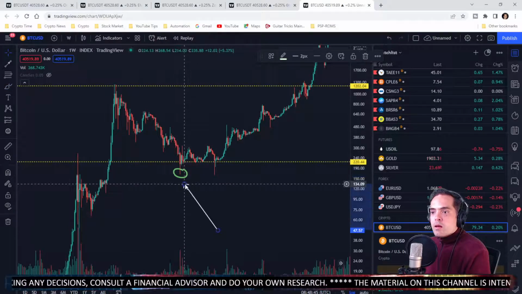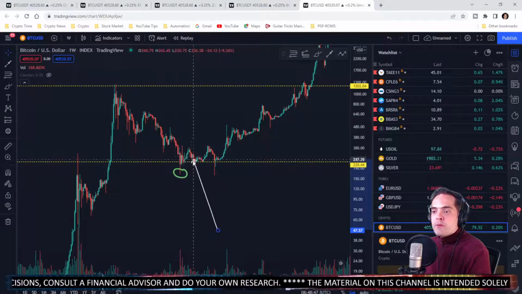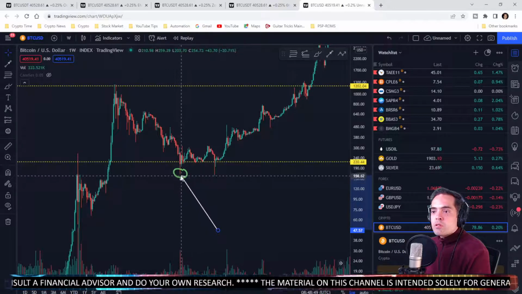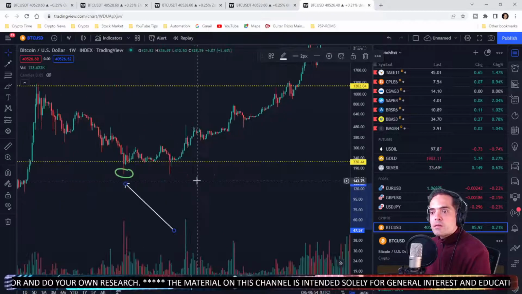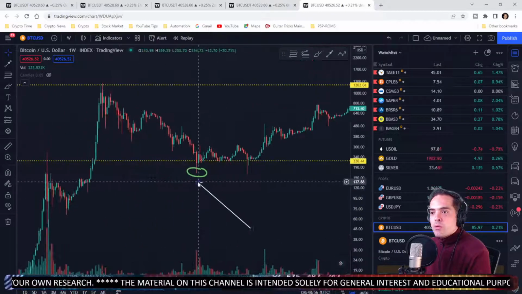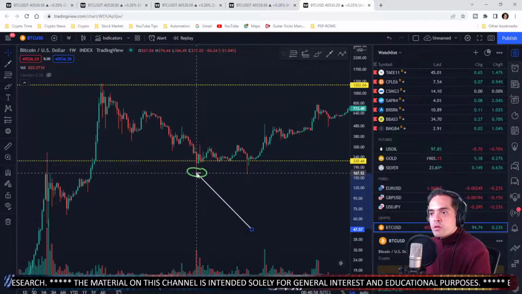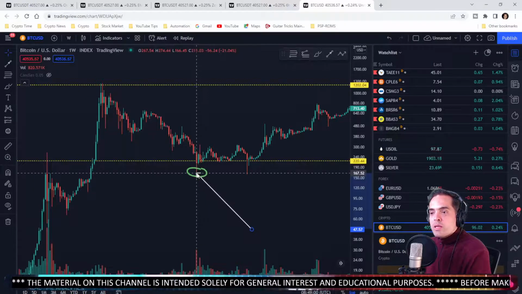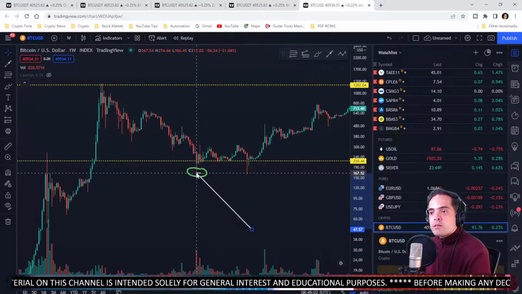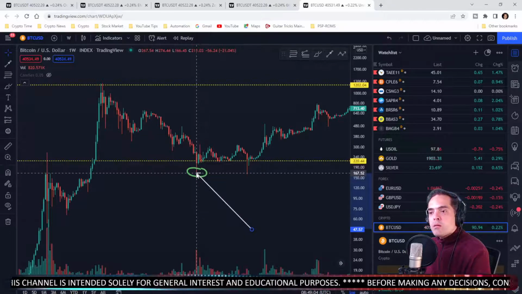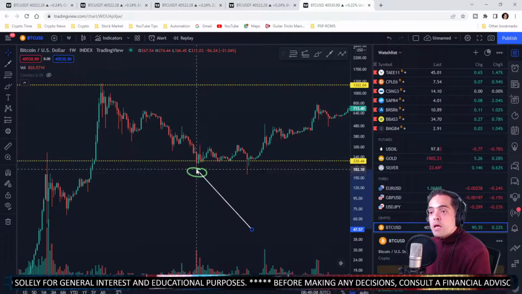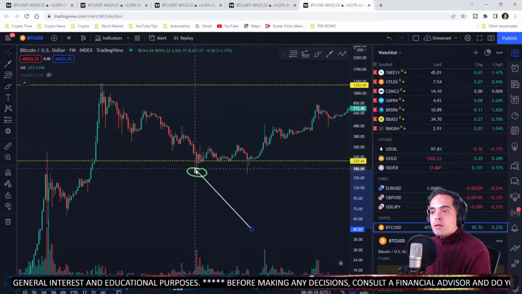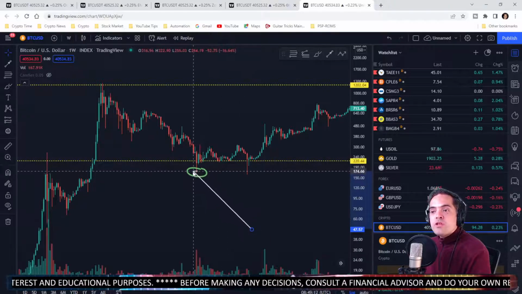And then we don't know what's going to happen in the future, but we know that the price reached this region here, okay? So it's very likely that someday, we don't know when, but we know it will retest that same region.